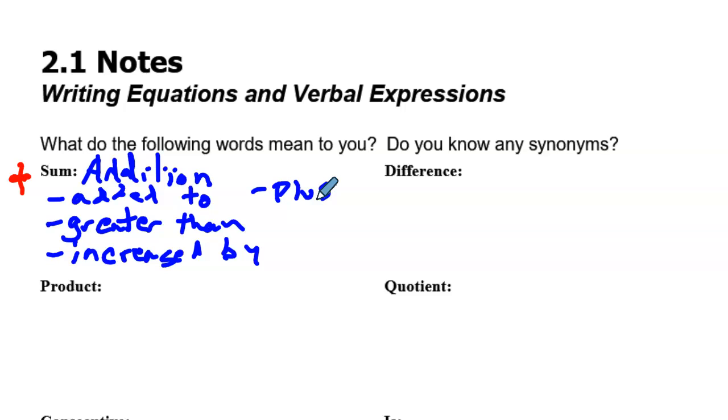All right, difference. That represents when we're doing subtraction. It's the answer to a subtraction problem.